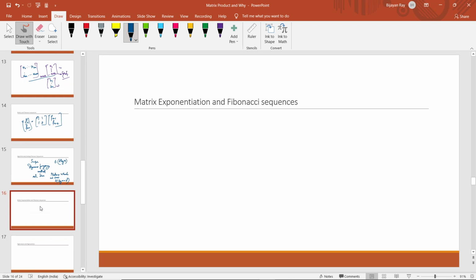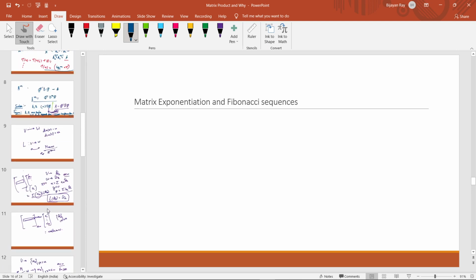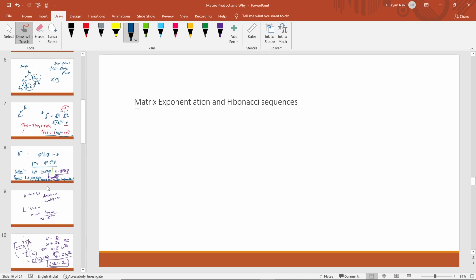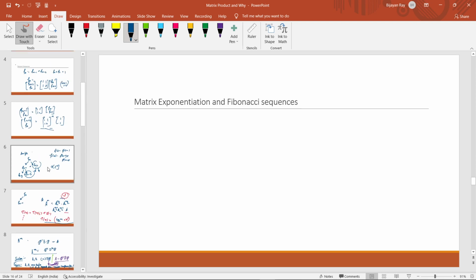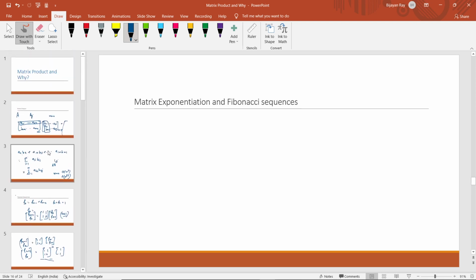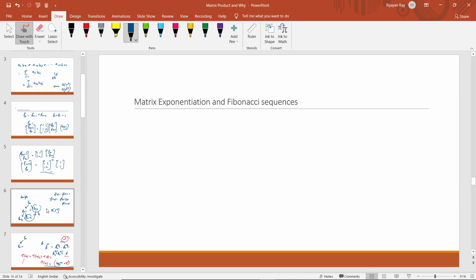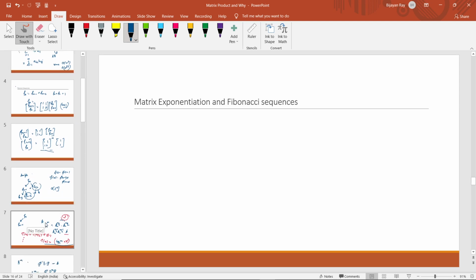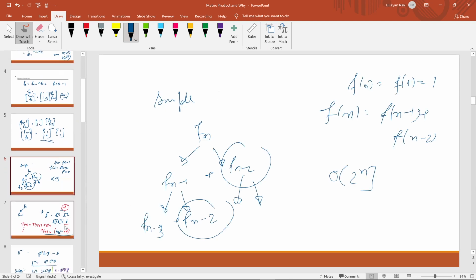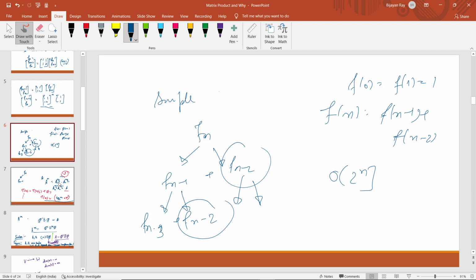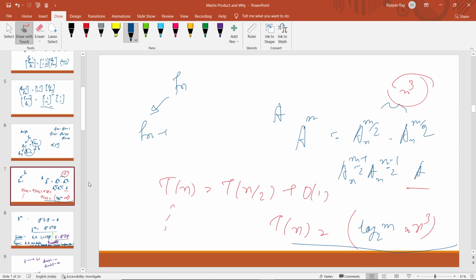Sorry. It would be better if you all actually interact. So that's cool. Yes, this one is the matrix formation part.